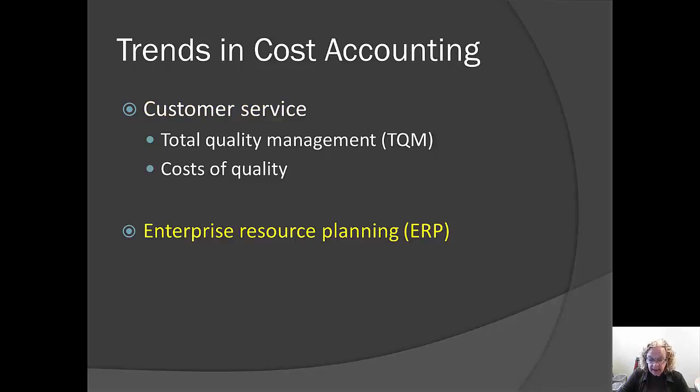Enterprise resource planning is another tool that firms can use to reduce the cost of meeting their customers' needs. Basically, it is an information system that allows a firm to link all of its processes: material ordering, human resources, shipping and handling, inventory balances, manufacturing schedules, into a single database.